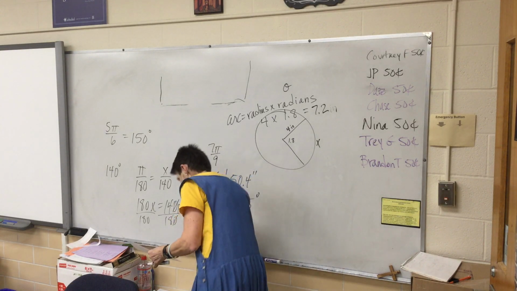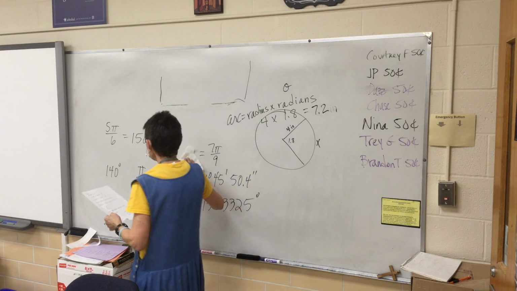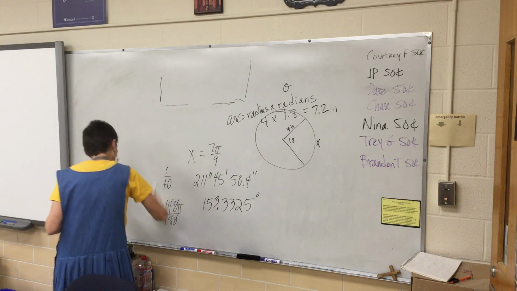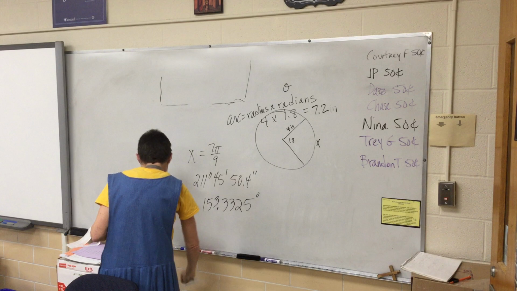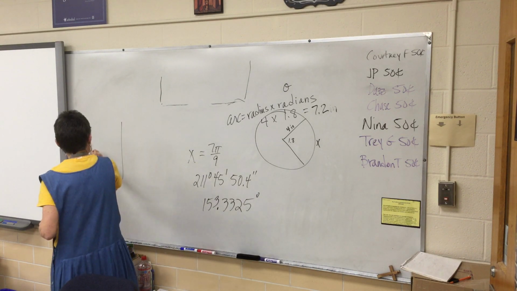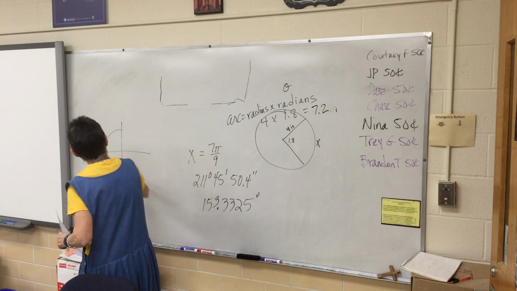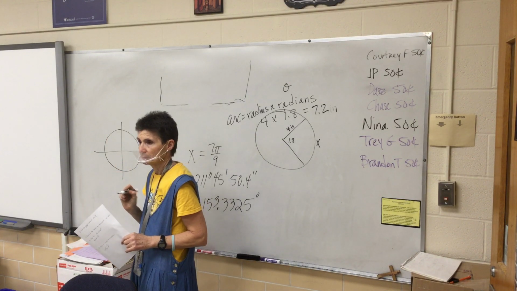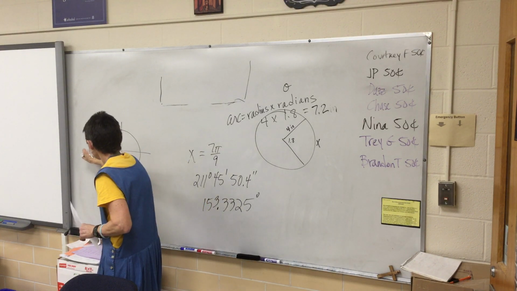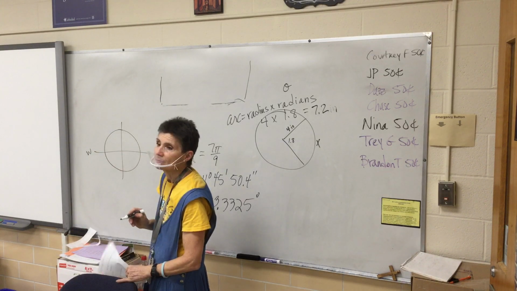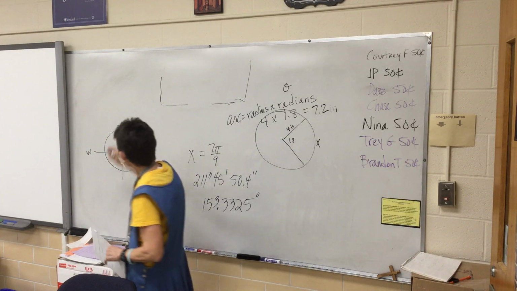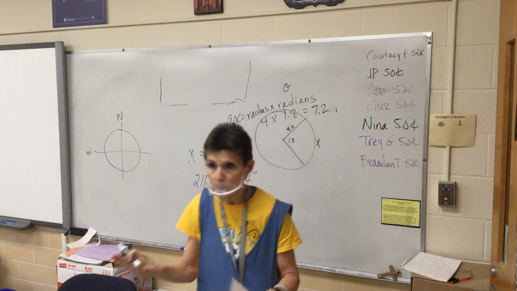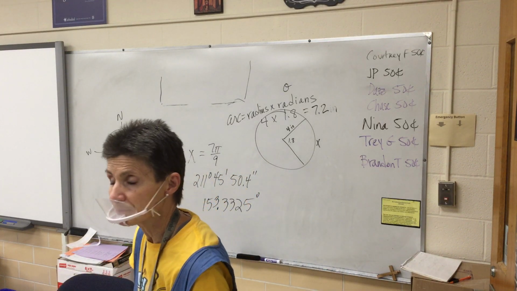What angle measure describes west, northwest? All right, so let's look at our compass. Where's west? Where's north? So these are the two directions that are involved in the problem, right? West, northwest.